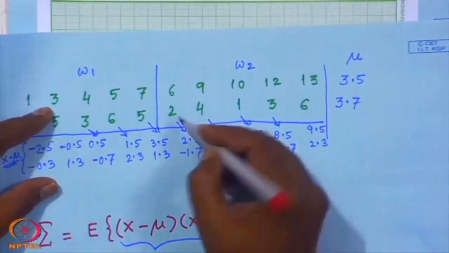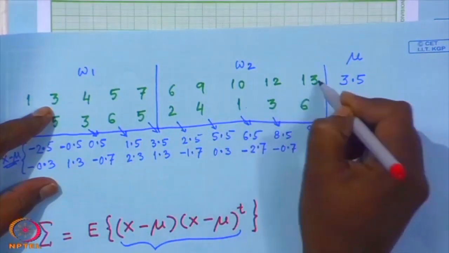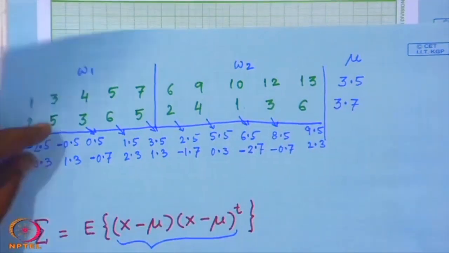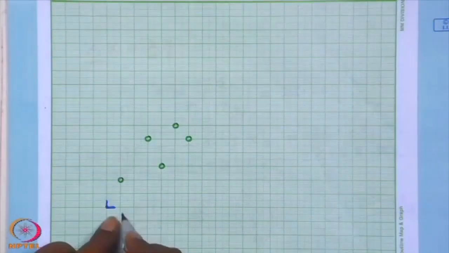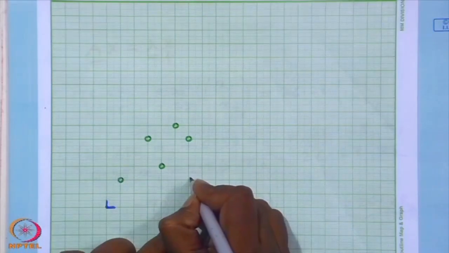Now, let us plot the feature vectors which belong to class omega 2, and I put them in red color. The first one is 6, 2. The feature vectors are 6, 2; 9, 4; 10, 1; 12, 3 and 13, 6. So, 6, 2 is this one feature vector.